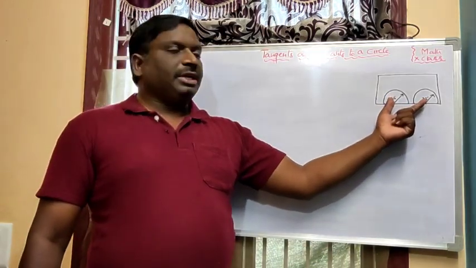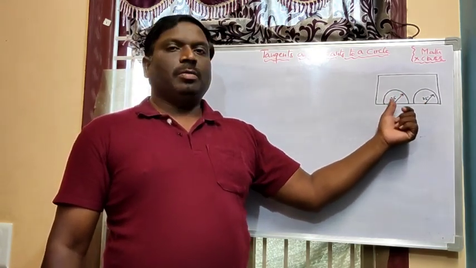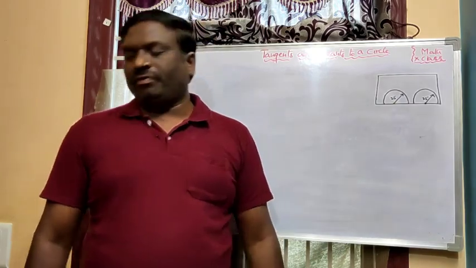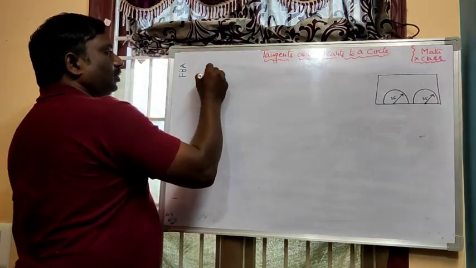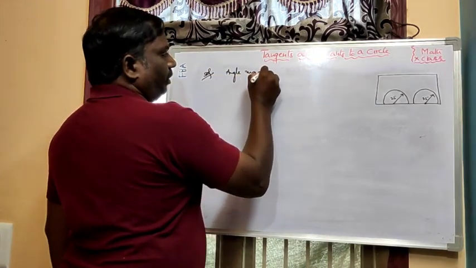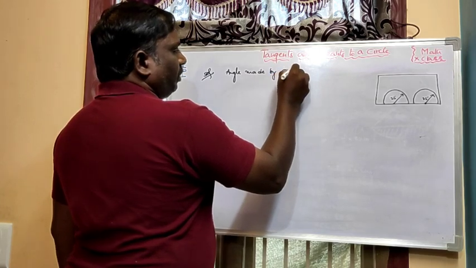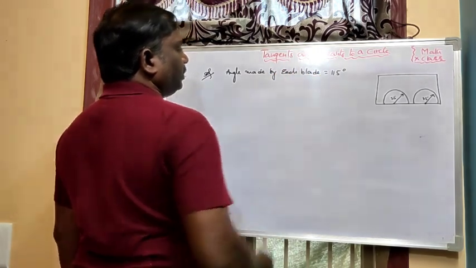So what is the region we have to find swept by the blade? Each blade is making an angle of 115 degrees. Angle made by each blade is equal to 115 degrees.